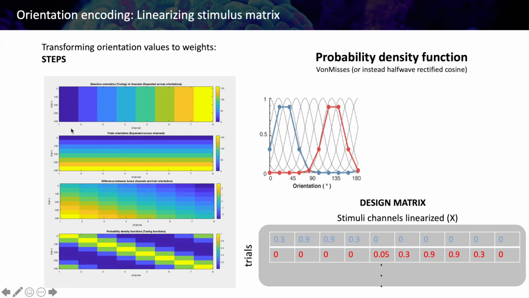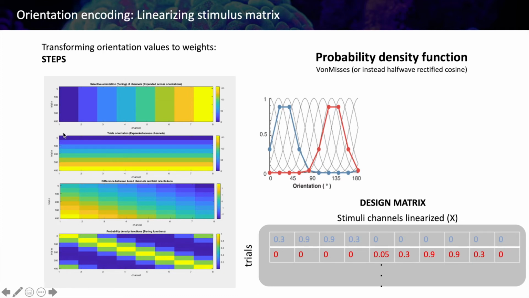We can call it like that. And then we are going to create something similar, but for the trials. So we have our trials and we have arranged them in order from 0 degrees to 180 degrees presentation. All the 0 degrees stimuli are here. All the 20 degrees stimuli are here. All the 40 degrees stimuli are here, okay?